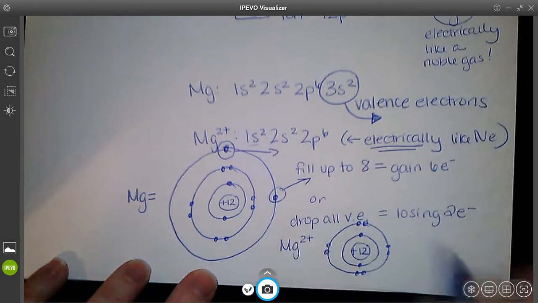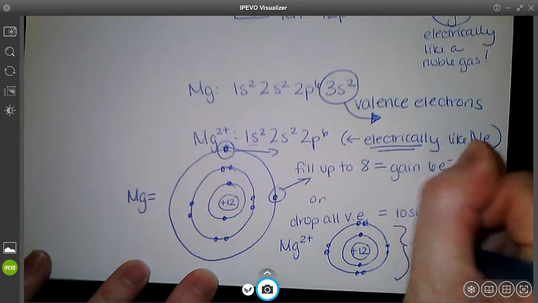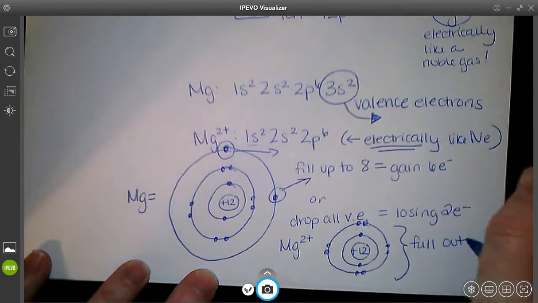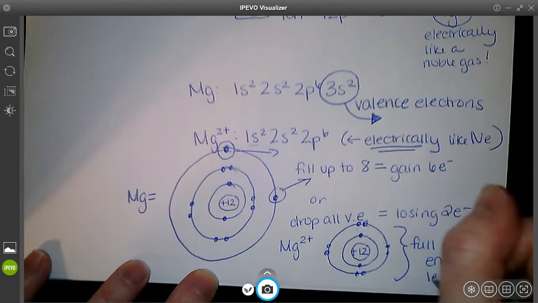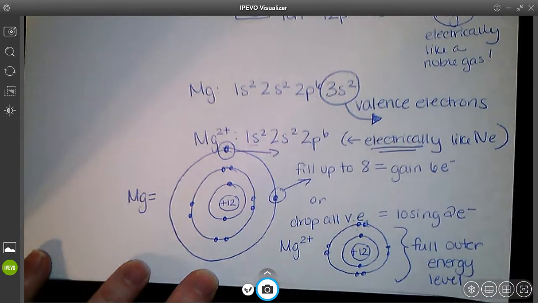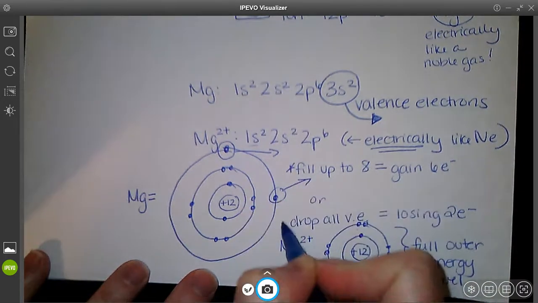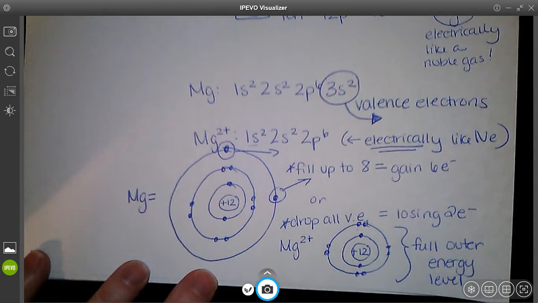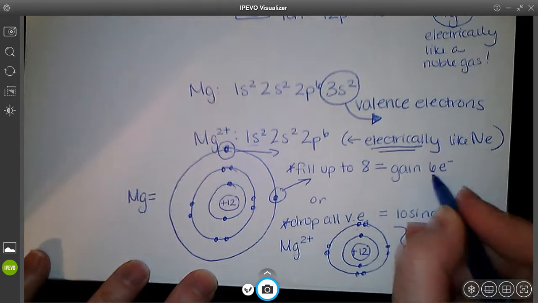If you look at the outer energy level, we now have a full outer energy level. It's just now on energy level 2 as the outer energy level as opposed to 3. So all atoms have this choice to fill up to 8 or drop the valence electrons. Magnesium chooses to drop valence electrons because doing 2 things is easier than doing 6.